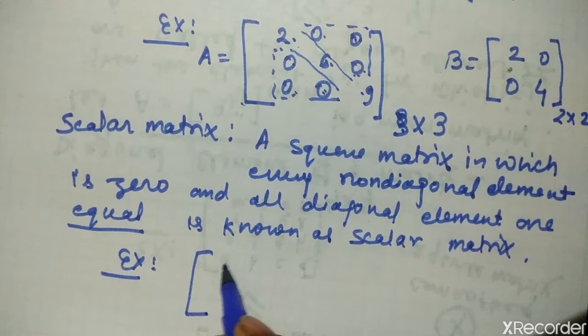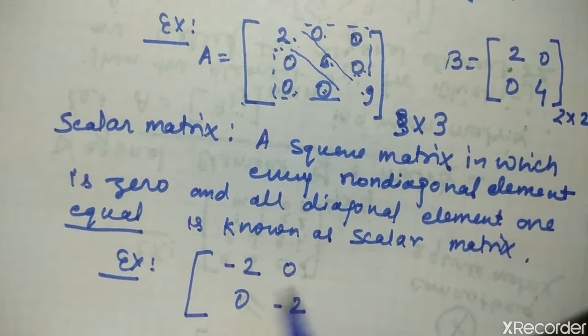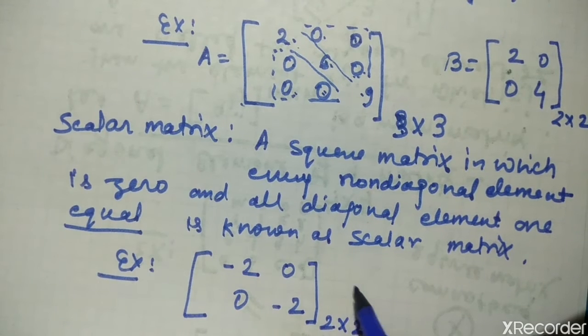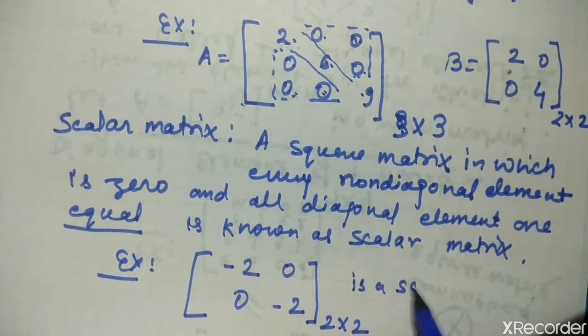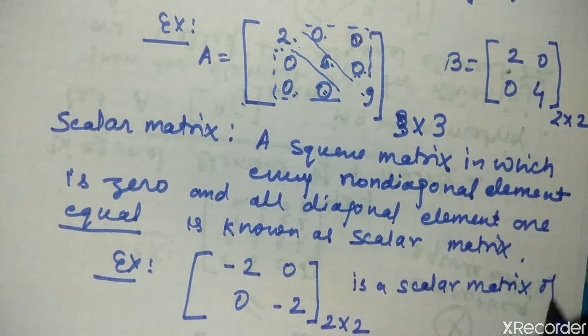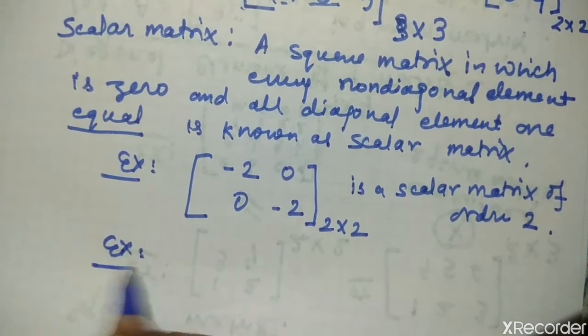Okay, so this is an example. If we have a matrix of -2, -2, 0, 0, then this type of matrix is known as a scalar matrix of order 2. Let us see another example.